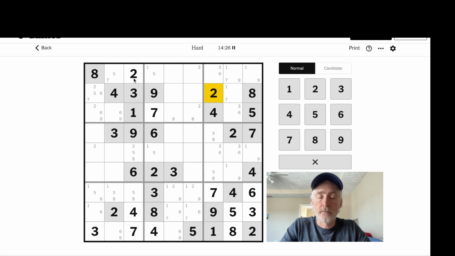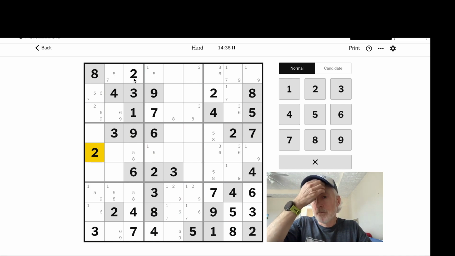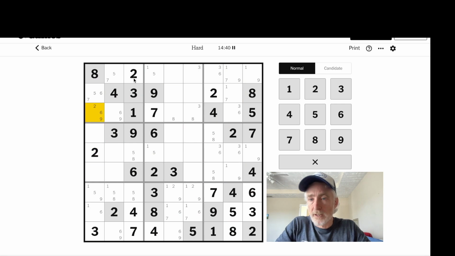Let's go over here and take this 2 out. Let's take this 2 out, and actually we can place this 2. And we can remove this 2. So this 6, 9 now points over here, makes this 3.